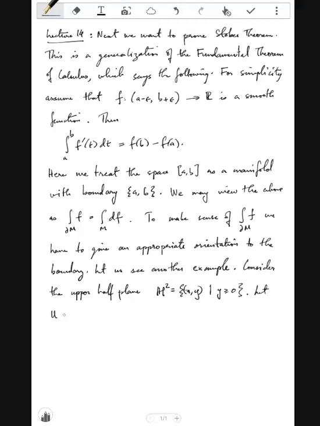Let U contained in R2 be an open set which contains H2. This is just for simplicity. Let f, g from U to R2 be smooth, compactly supported functions.